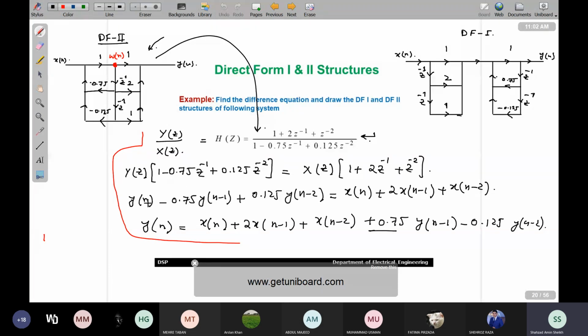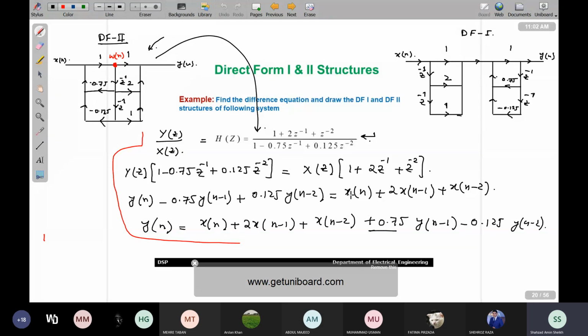of that. So Y of z will become y of n, minus 0.75 z inverse Y of z will become 0.75 y of n minus 1, and this term will become 0.125 y of n minus 2 because of this z minus 2.